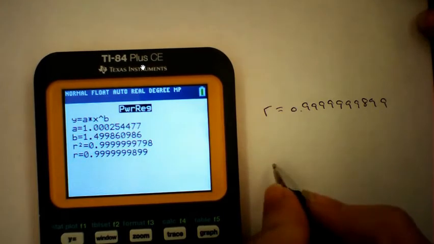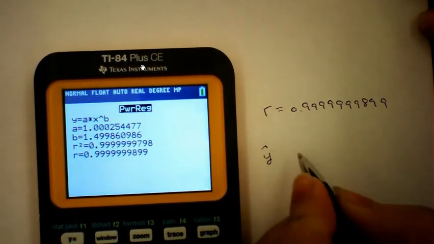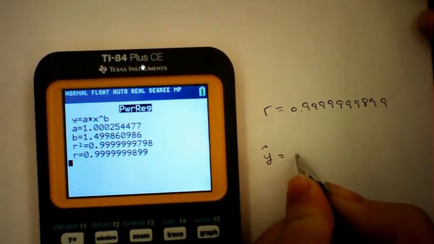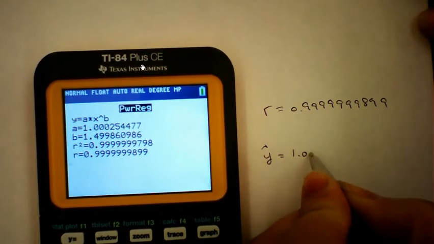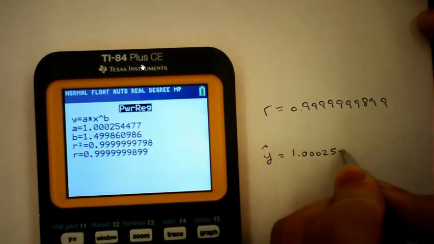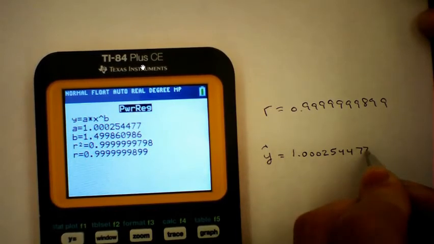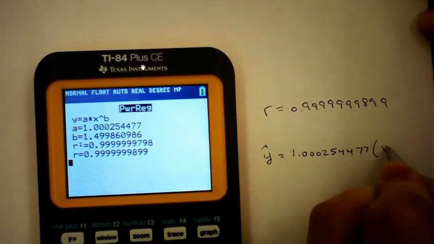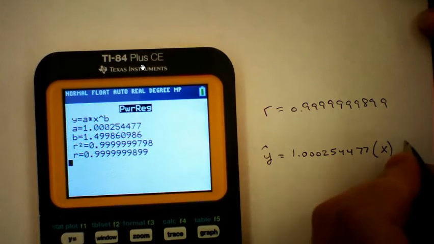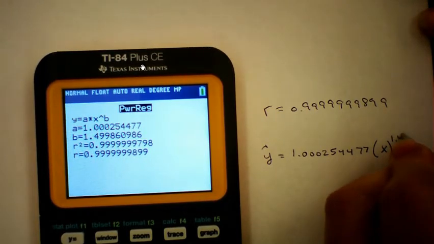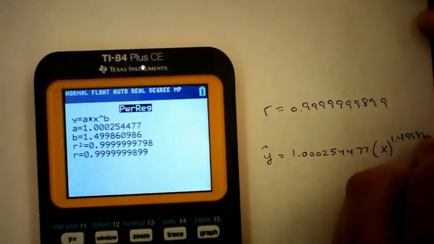So let's write this formula. The predicted Y is going to be 1.000254477 times X, where X is the base, raised to the exponent of 1.49986. That's probably good enough.